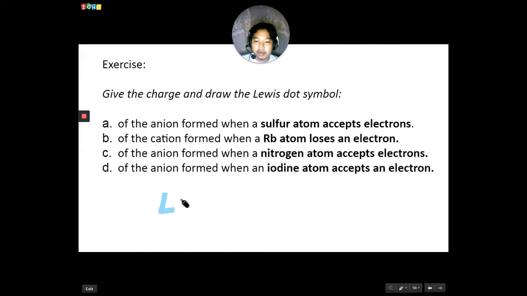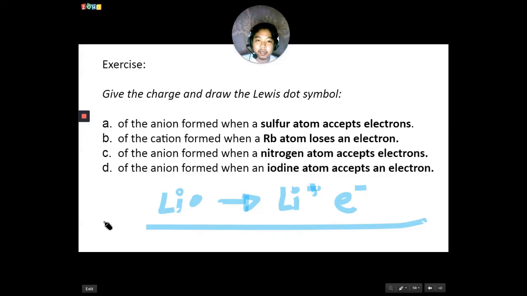So if you remember, the Li dot, so ganyan, kasi nasa group 1 siya with 1 valence electron. Tapos nag-release siya ng isang electron. So this becomes Li positive plus the electron it released kasi isa lang. So ganito ang gusto kong makita sa ABCD. And submit it, turn it in.